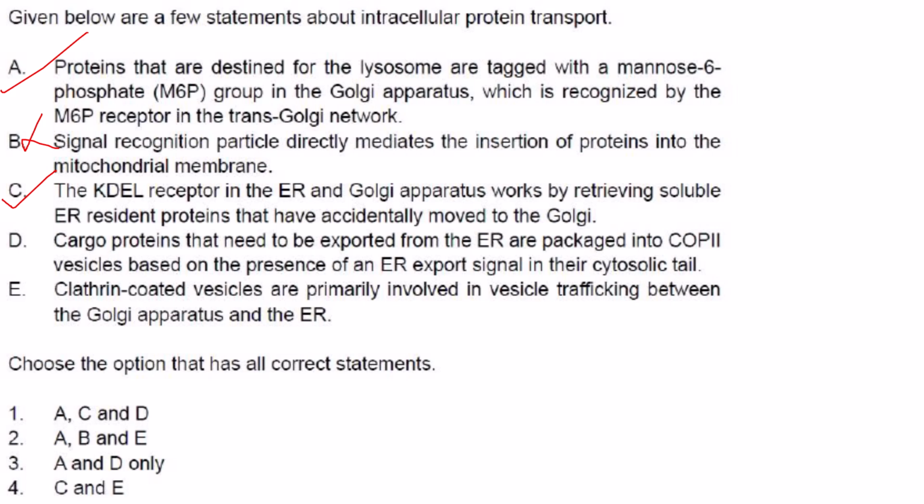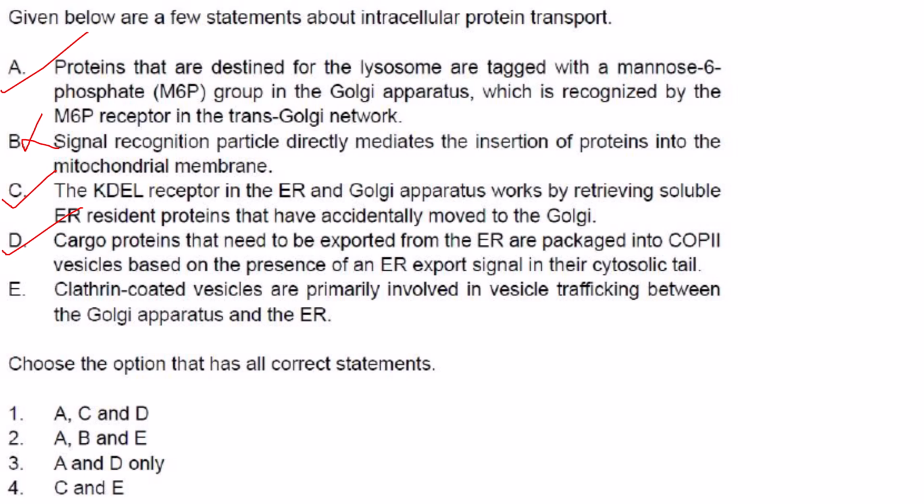Then, cargo proteins that need to be exported from the endoplasmic reticulum are packaged into COP2 vesicles based on the presence of an endoplasmic reticulum export signal in their cytosolic tail. These proteins synthesized in the endoplasmic reticulum have an export signal in their cytosolic tail, and are packaged into COP2 vesicles and sent to the Golgi apparatus. So that is correct.